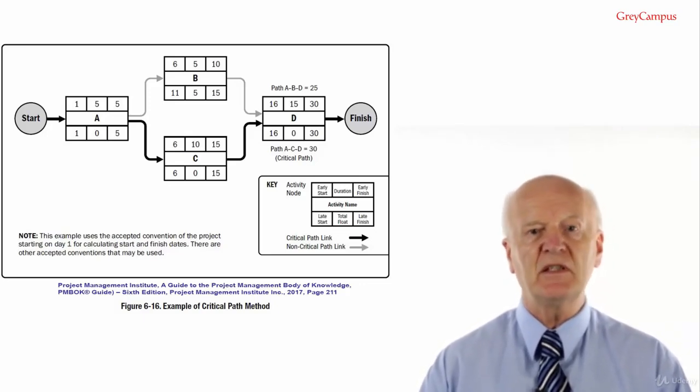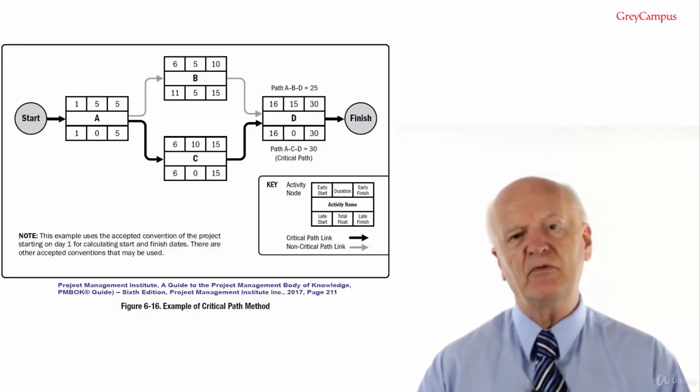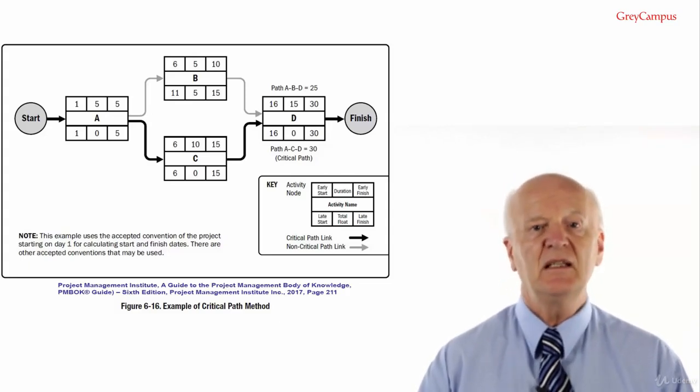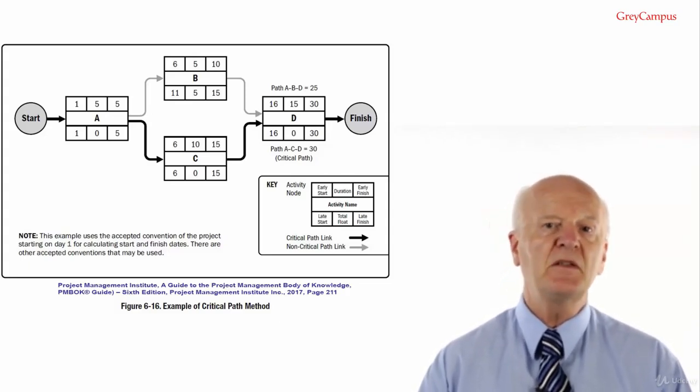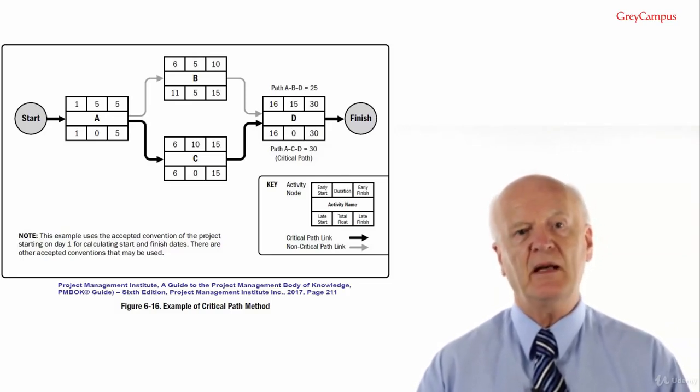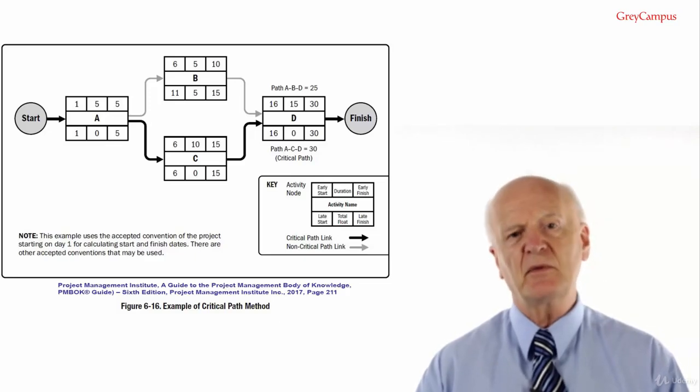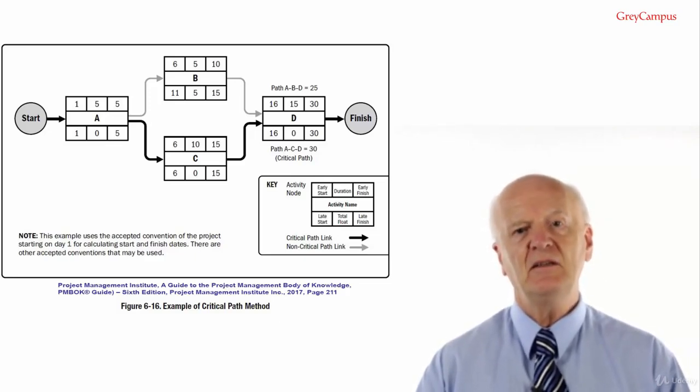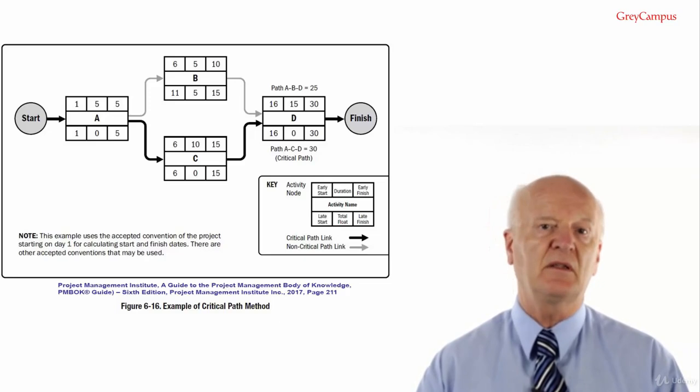But when we consider activity C, we realise that it can't be finished that early because activity C tends to push it out. This means that path A to B to D is not the longest path of the project, and so from what I said previously, path A to B to D is not the critical path.